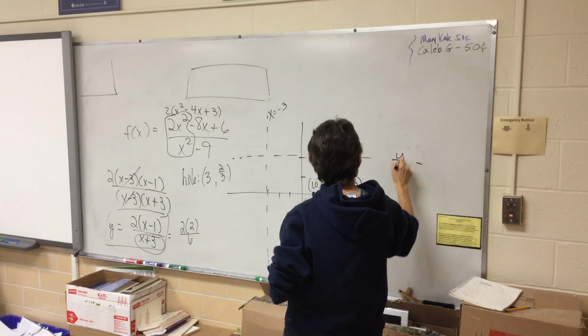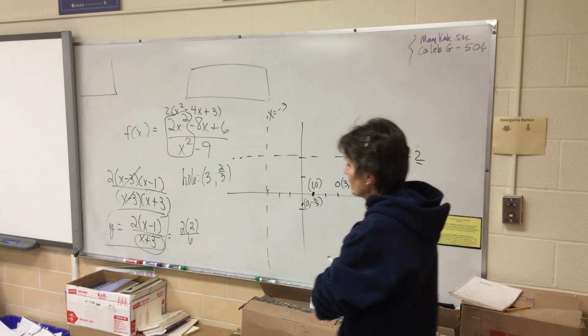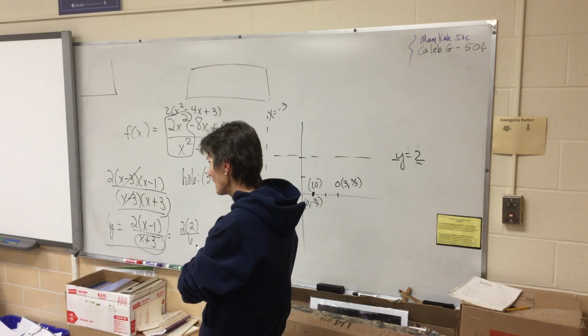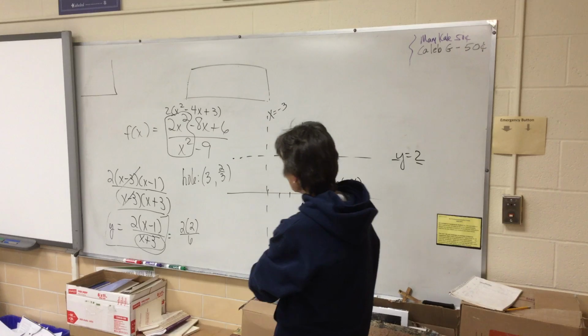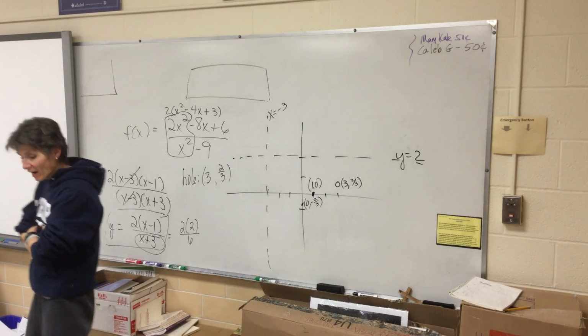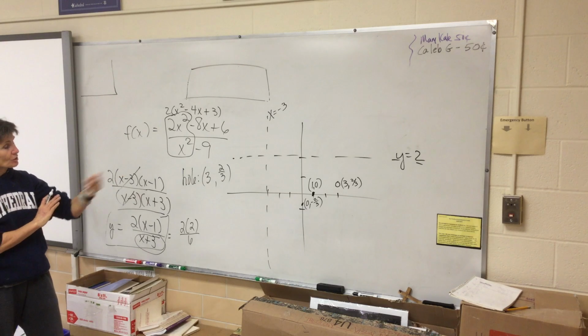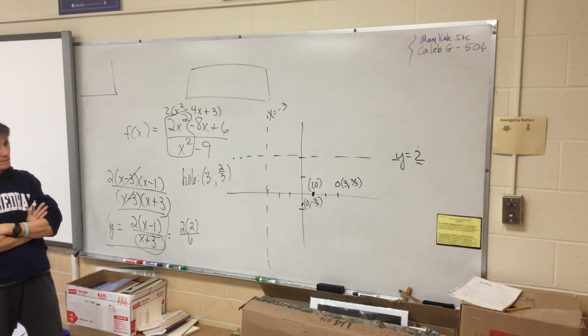So it's going to be y equals 2. The other quiz that we had, the powers didn't match, so you had to divide, and you got a slant asymptote. But here they match. So my end behavior asymptote is horizontal.